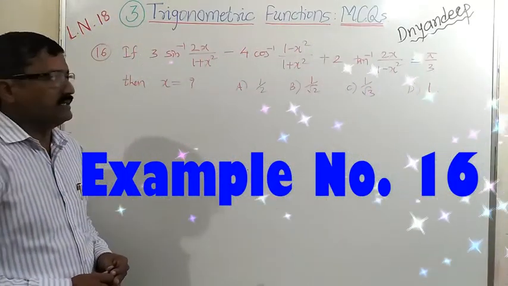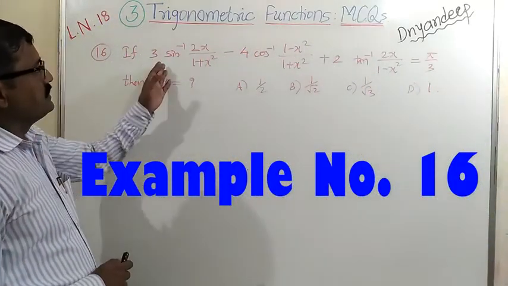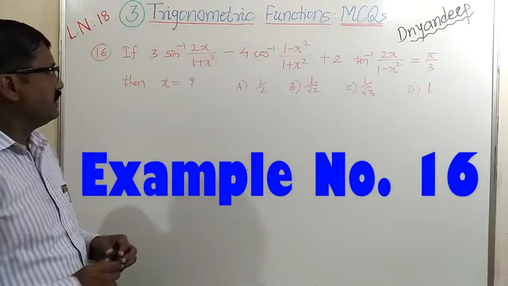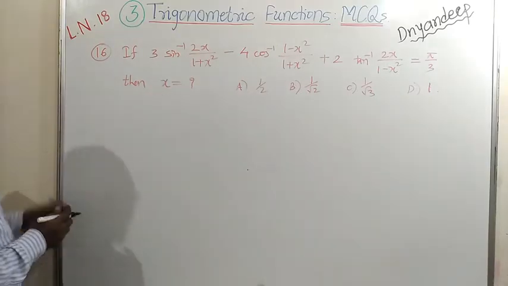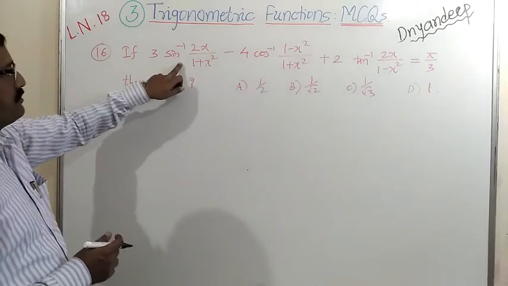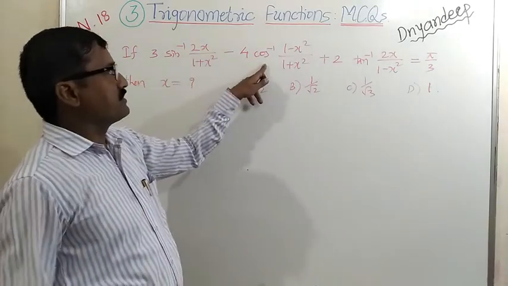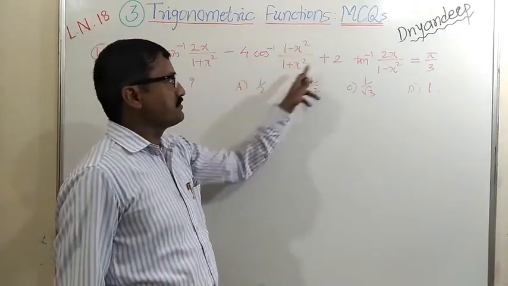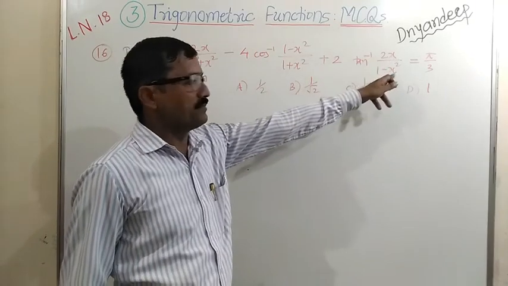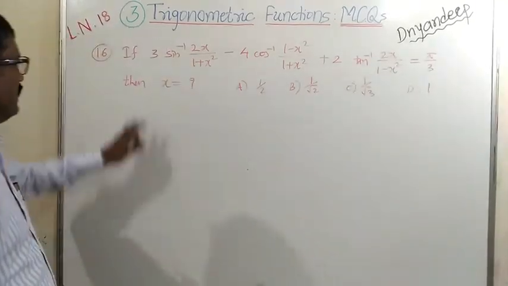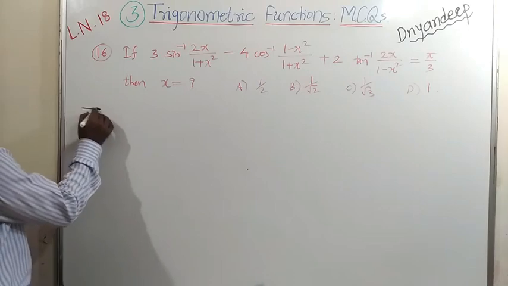See example number 16. Even though this equation is lengthy, it's very simple because it is based on a single formula. Here, if 3 times sin inverse of 2x upon 1 plus x square minus 4 times cos inverse of 1 minus x square upon 1 plus x square plus 2 times tan inverse of 2x upon 1 minus x square equal to pi by 3 is given, we have to find the value of x.